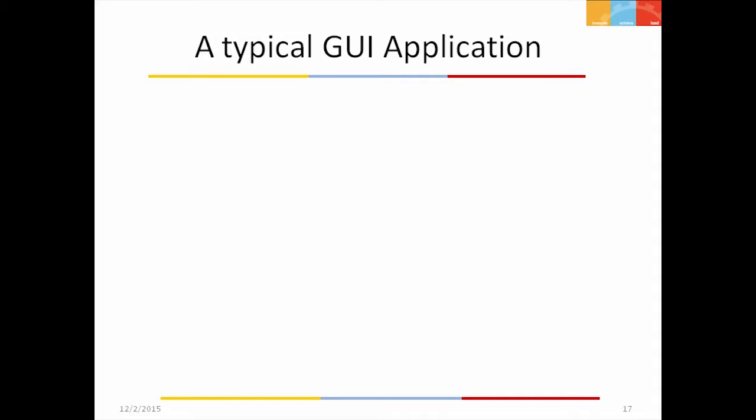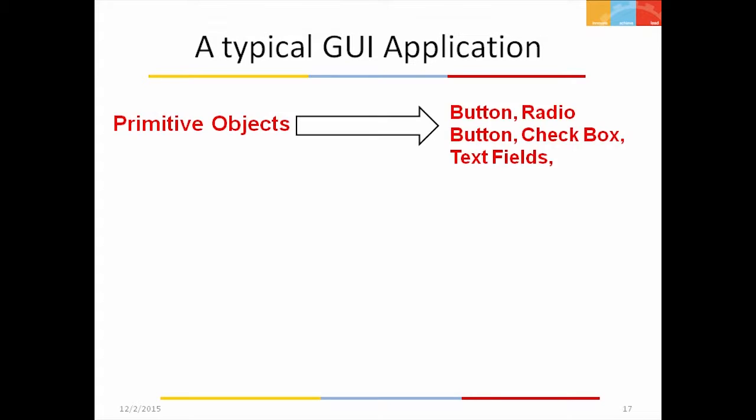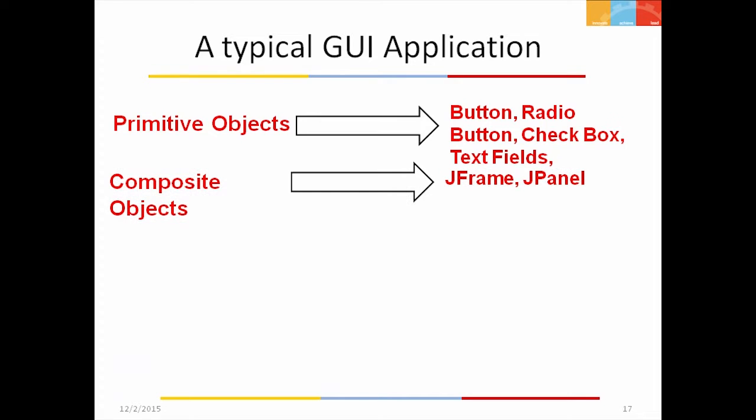Let us look at a typical GUI application and see how these composite objects can be used. So in this example, the primitive objects are essentially buttons, like different types of buttons, including radio button, checkbox, text fields, and so on. And the composite objects could be frames and panels.